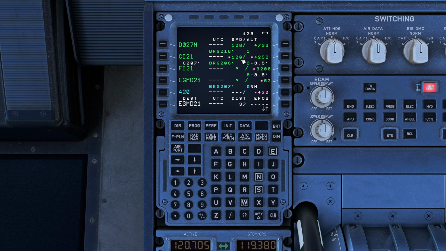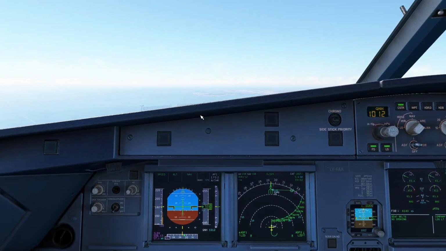I inserted the approach speed at a final descent point.